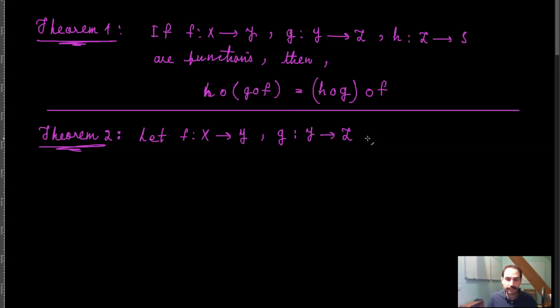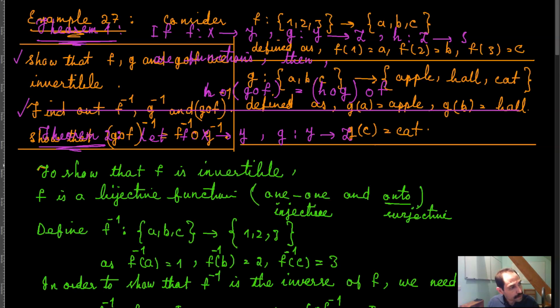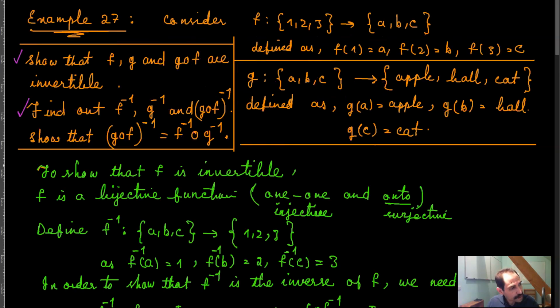So let these be two invertible functions, and as you saw in the previous example, the function f was from the set 1, 2, 3 to A, B, C, and it was a bijective function.